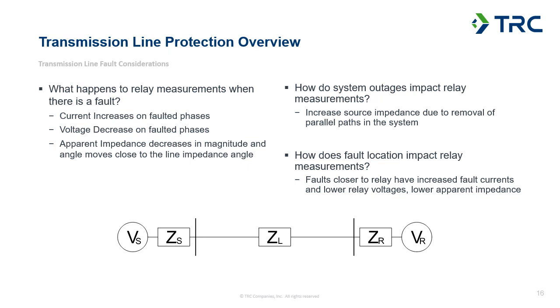So generally, for taking an outage and increasing that source impedance, you're going to get a decrease in the fault current seen by the relay, and maybe a slight increase in the voltage seen by the relay, because more of the source voltage is dropping across the fault impedance rather than the source impedance.